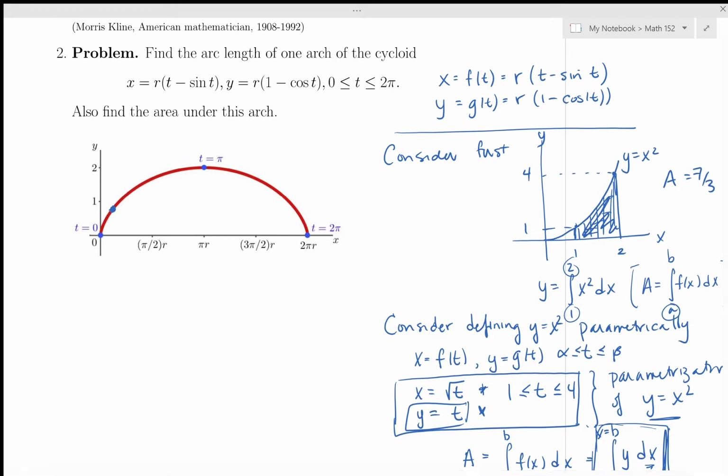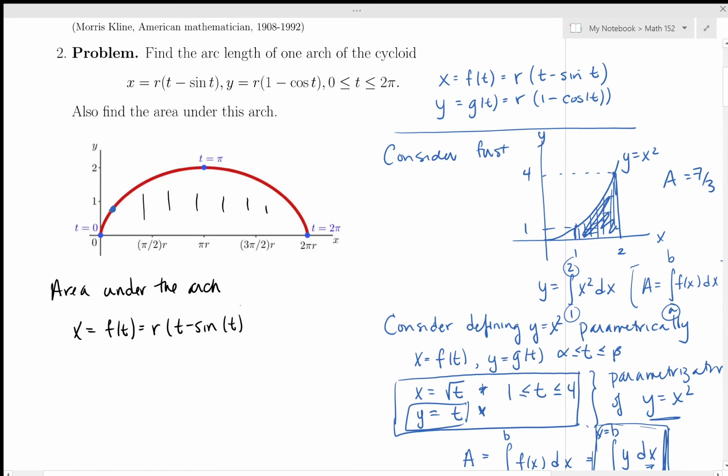So we're trying to find the area under the arch. So I've got that x is f of t, which in this case is r times t minus sine t. And I've got that y is g of t, which is r times 1 minus cosine t.